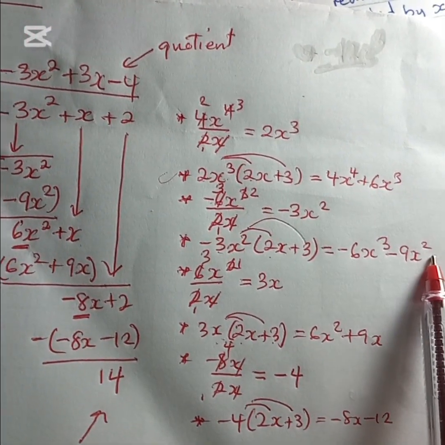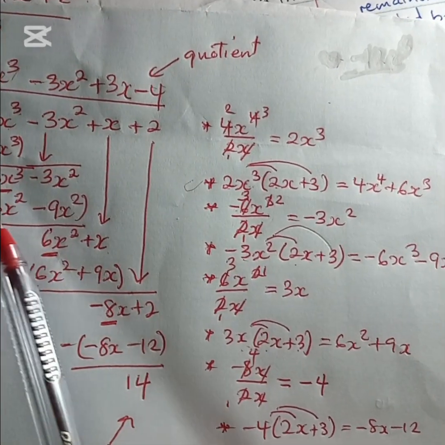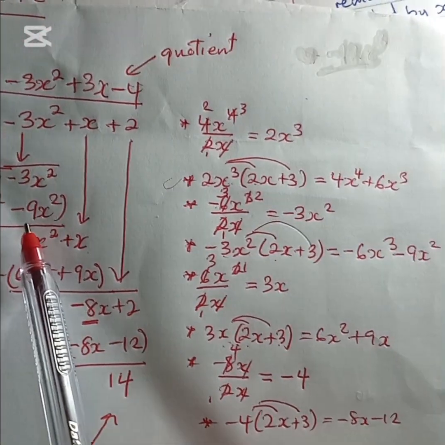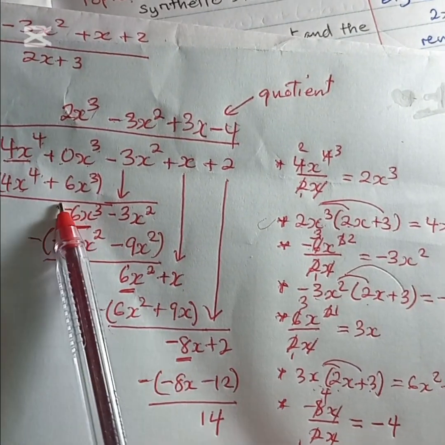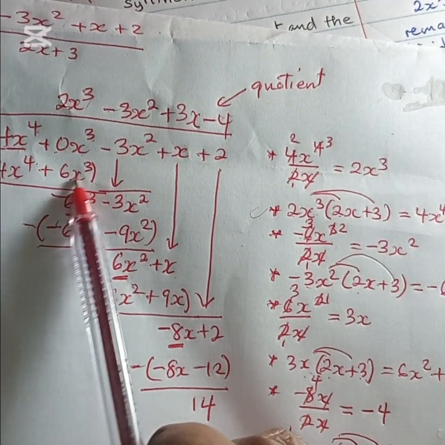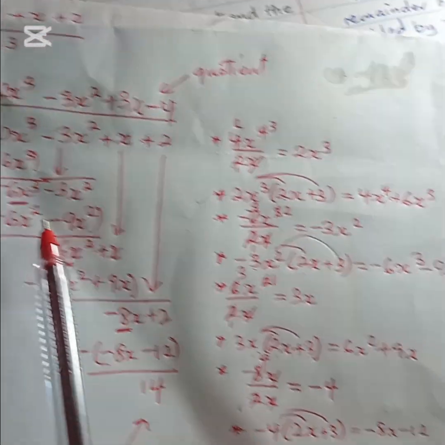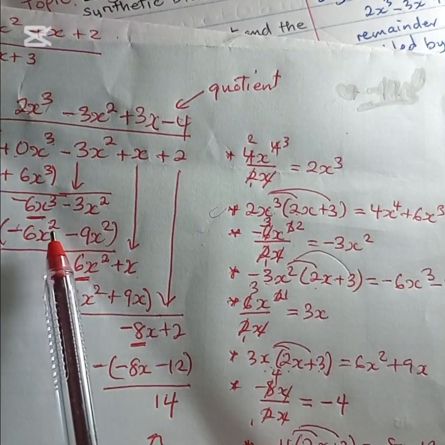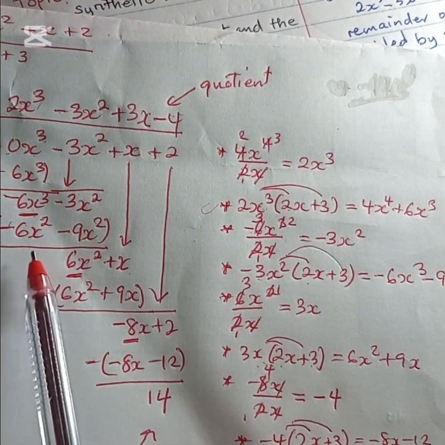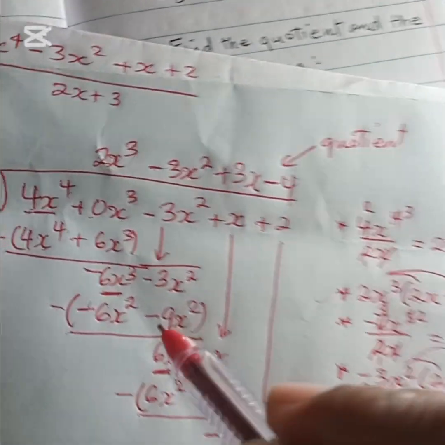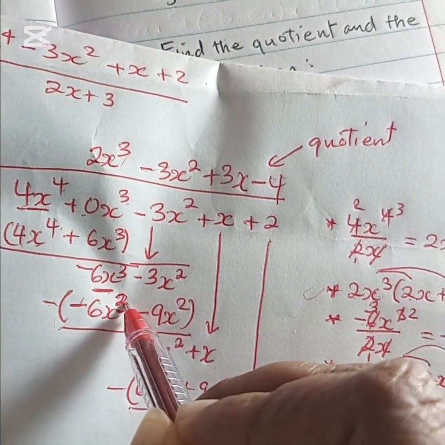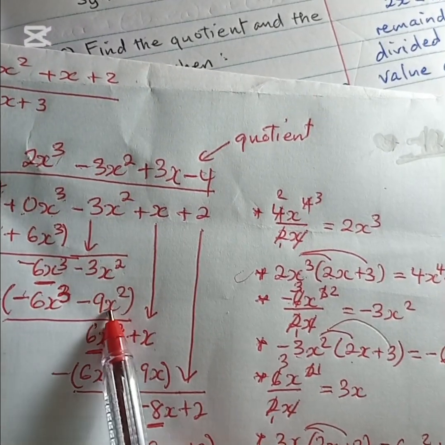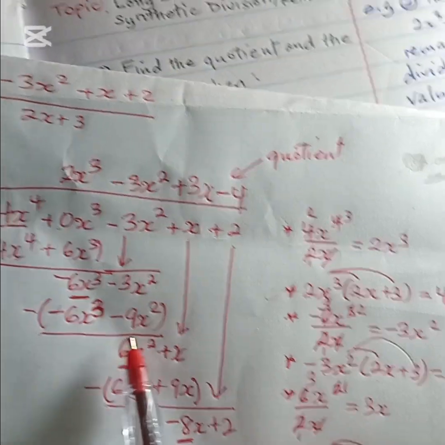And we write this underneath, lining the like terms under each other. So we go negative 6x cubed under the x cubed here, minus 9x squared under the x squared. Sorry, this should be x cubed for the first.